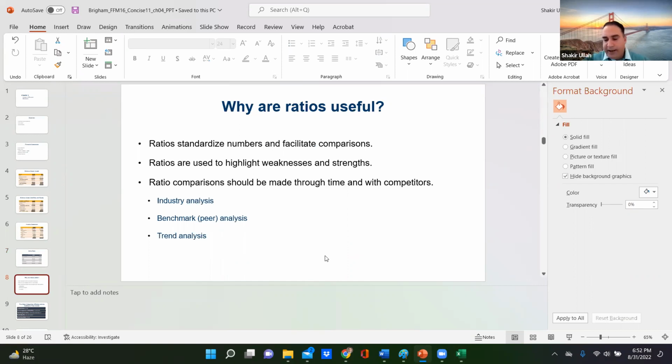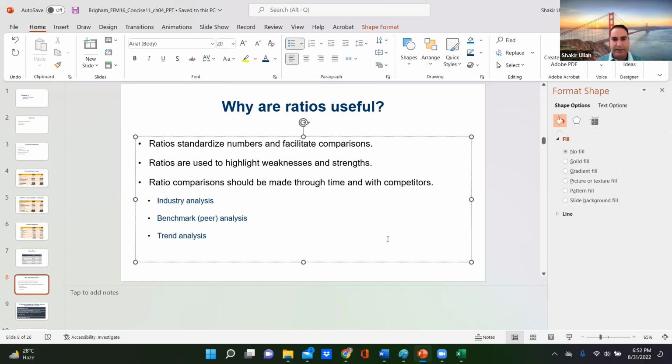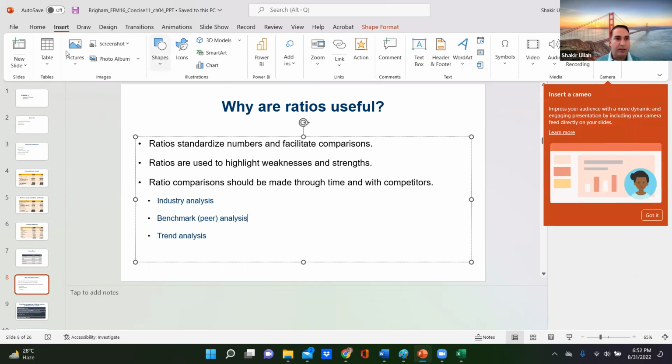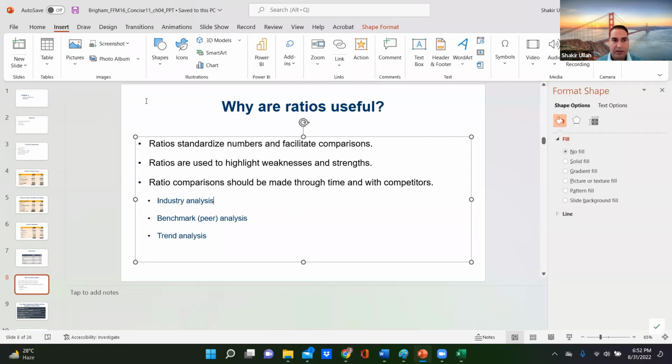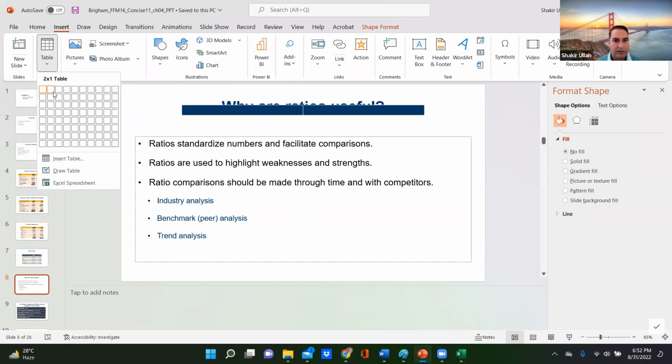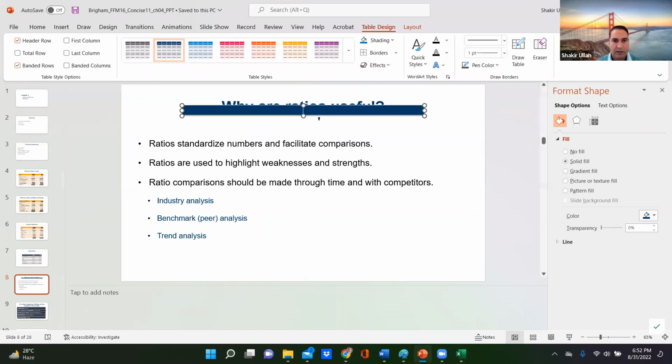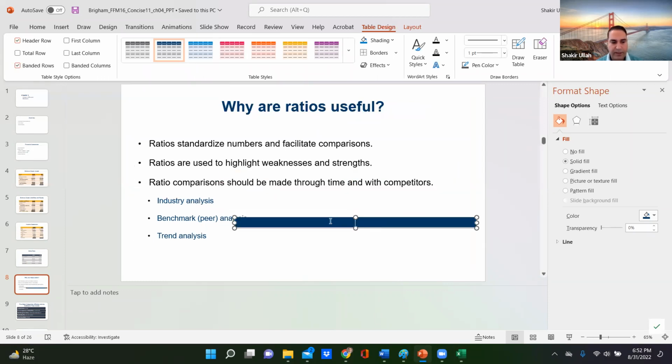So if I ask you this question, that there are two companies, company A and company B, for example, and their net income for company A, basically I need 3 columns.